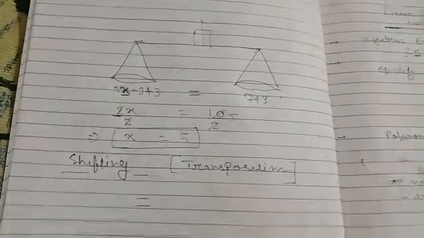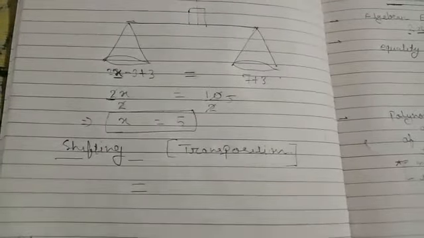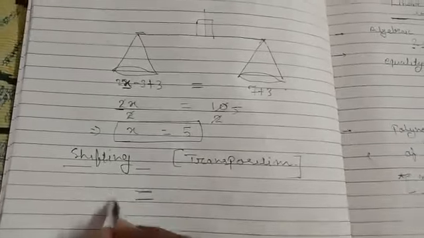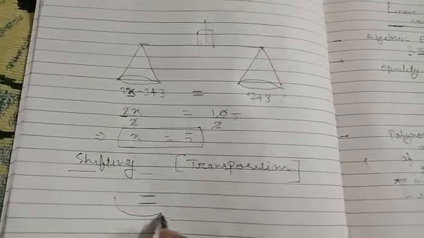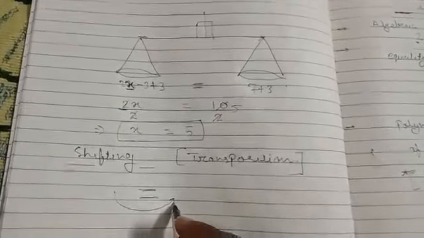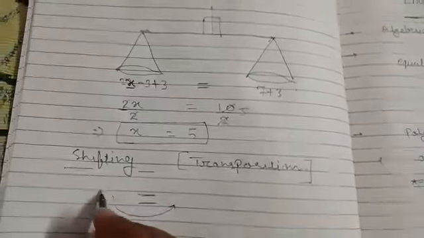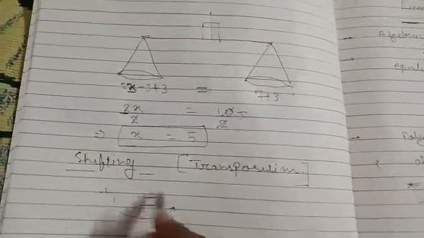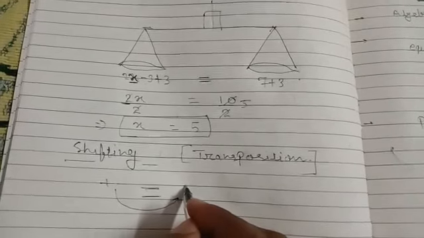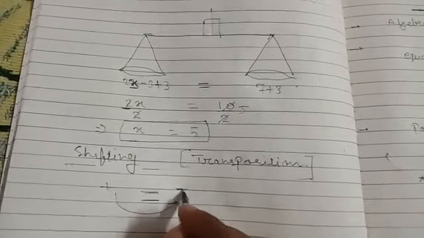Some rules are there. This is a magical river. If anything crosses this river, it totally changes its nature. If plus is going to the other side, it will be converted into minus.